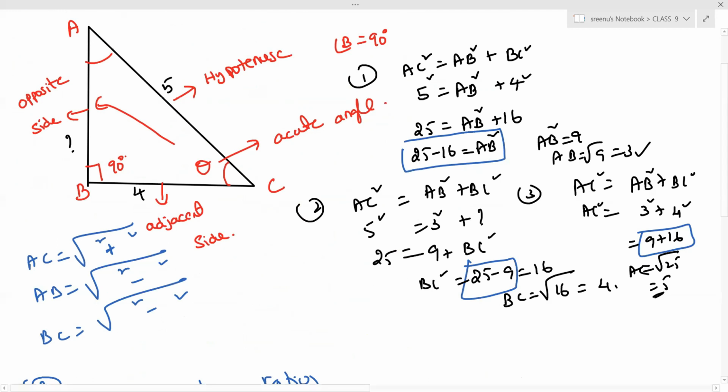Theta, we can take either A or C, your wish. If you take C, the opposite will be AB. If you take A, the opposite will be BC. If we take either, we get the same answer, but don't take B. Okay, now try it.